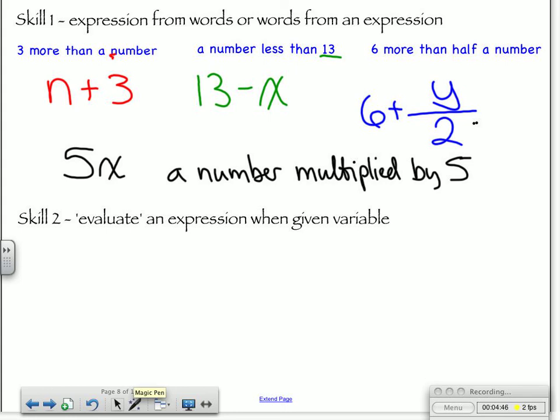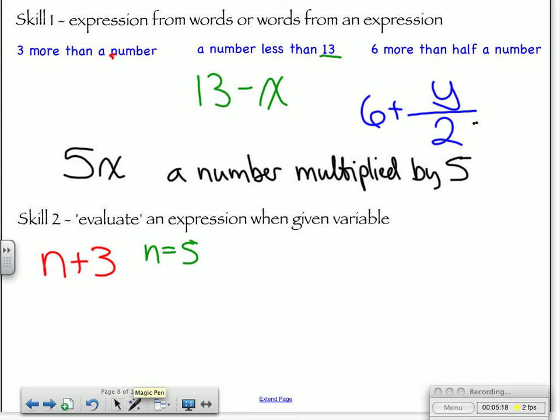Our second skill is that because we can't go any further with this. If it's a number plus 3, you can never find out what that's worth because you don't know what the number is. You don't know what the variable is. Well, skill 2 is when you find out what the variable is. So we can take an expression like this, 3 more than a number, and what if it turns out we were told, we found out somehow that n was equal to 5?